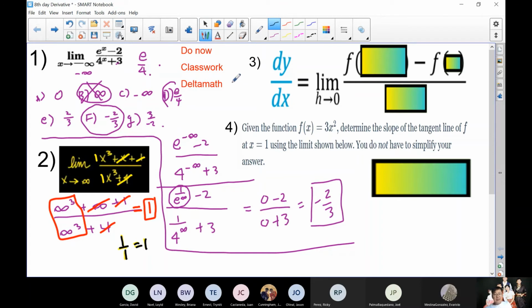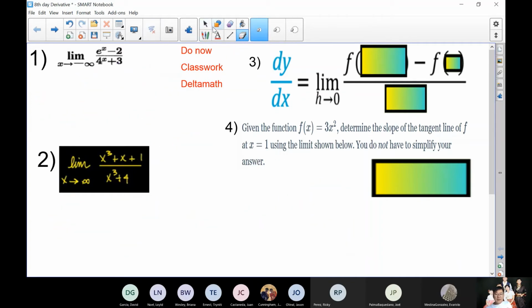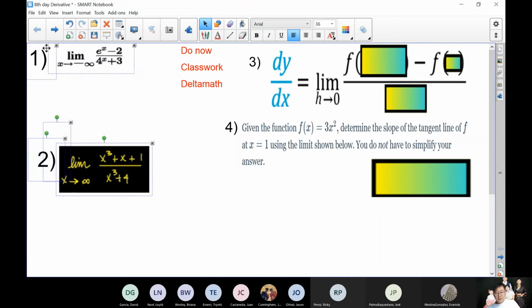Y change, or you can say slope. Y change per X change, rise over run. You're familiar with that, right? Okay, can I remove this one?